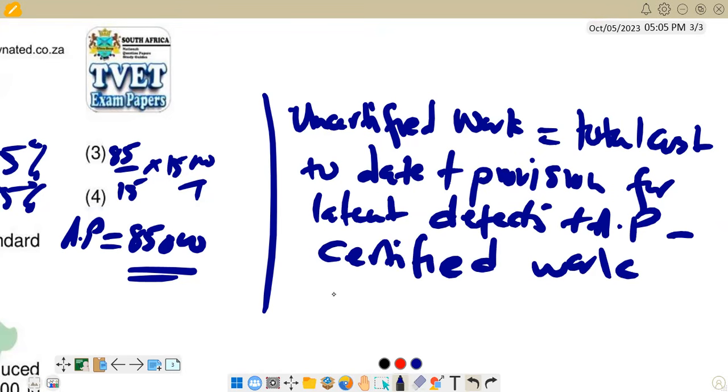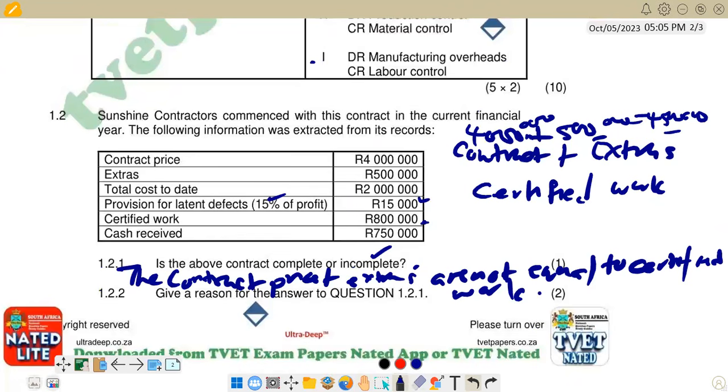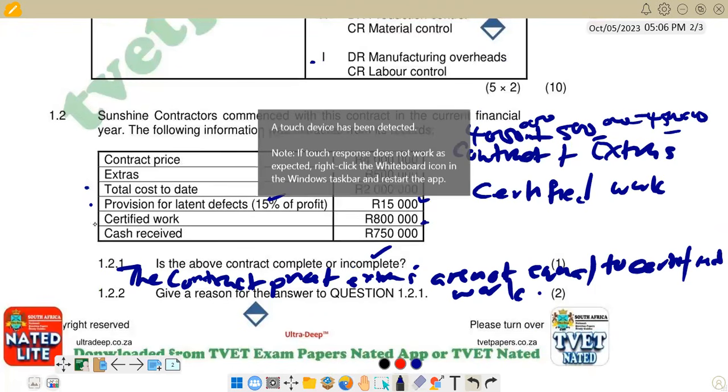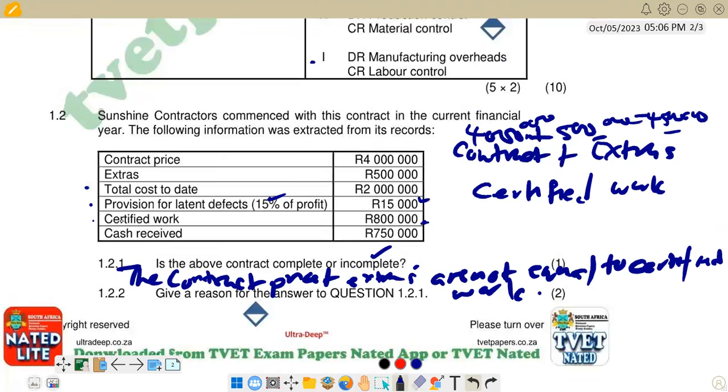Right. Now we want to put it in figures. We go back to the information that we have. Total cost to date is 2 million. Provision for latent defects is 15,000. Adjusted profits is the one that we calculated, 85,000. And certified work is 800,000. Those are the figures we're going to substitute in that formula.